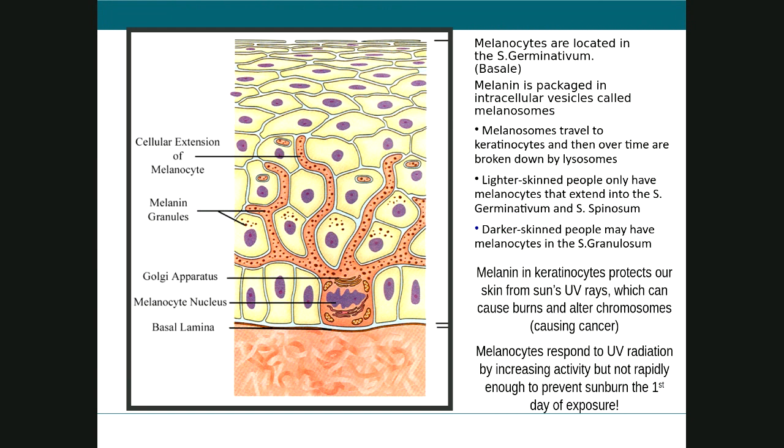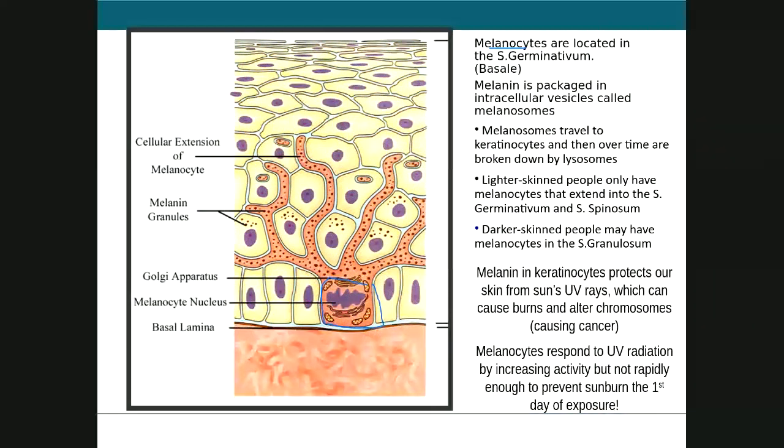So we talked about how the melanocytes are located in that stratum basale, and they produce melanin. So the melanocytes will be stimulated to produce melanin when we're exposed to UV radiation. The difference in skin color is the amount of melanin in our skin.